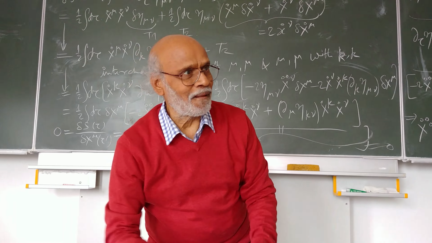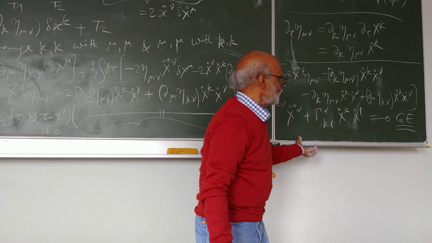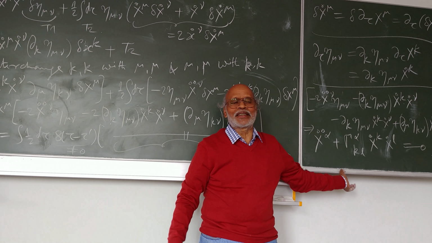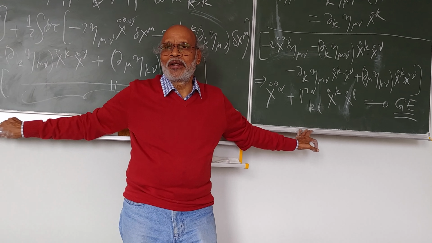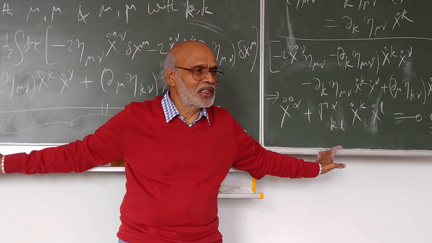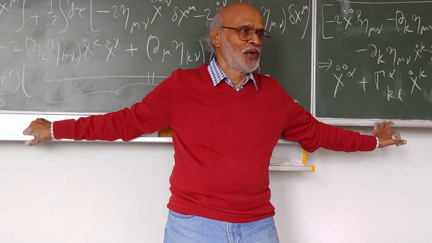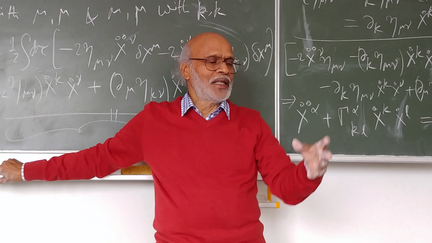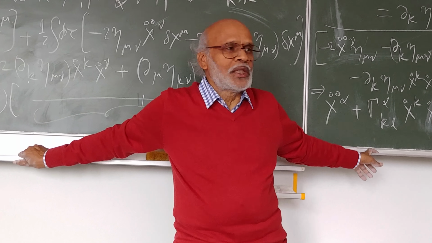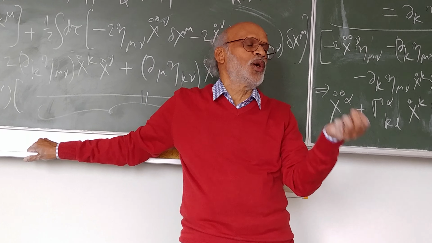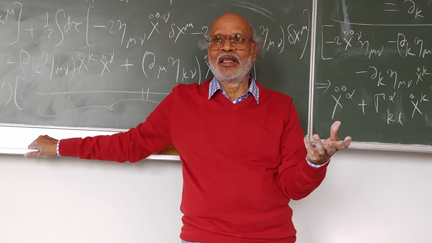So this does look a little bit complicated, but nevertheless it's worthwhile to do this exercise, because this particular equation is the main essence of the general theory of relativity.